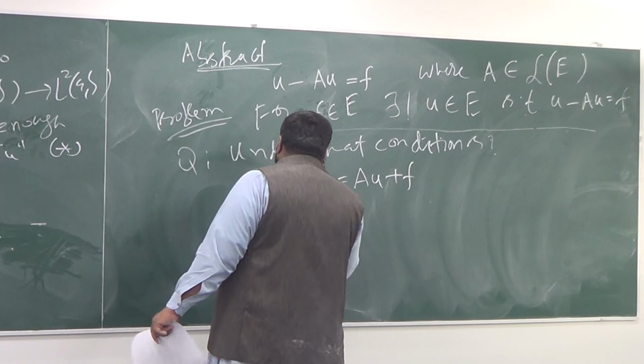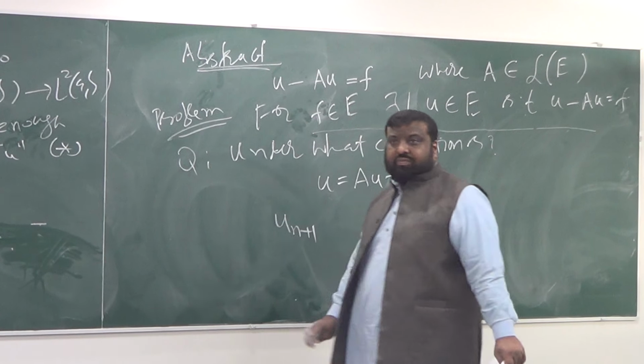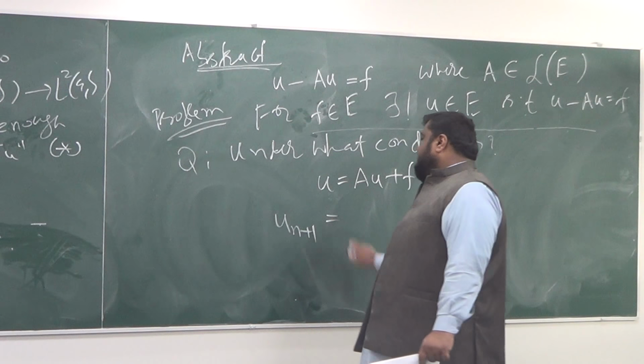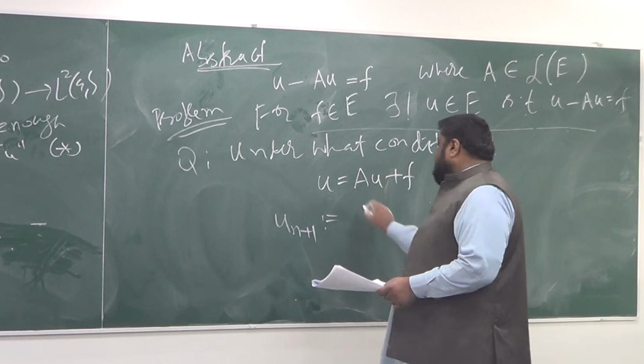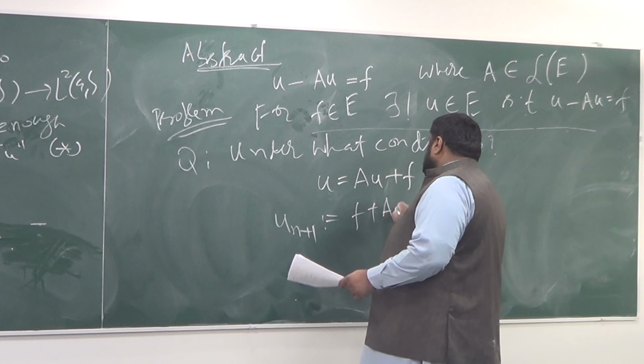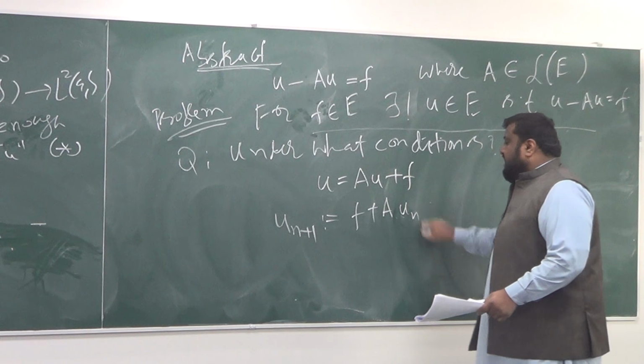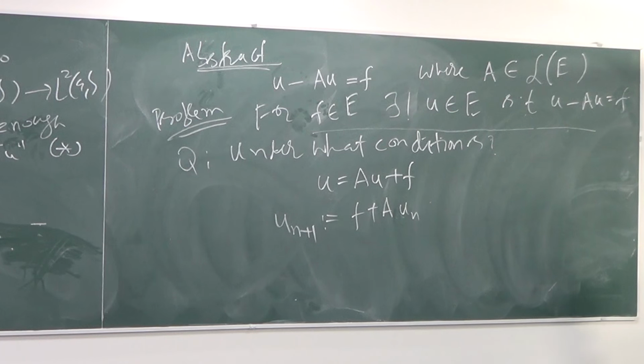So I'm saying let's have u_{n+1}, and I'm defining u_{n+1} as f plus A u_n. Are you getting the point?